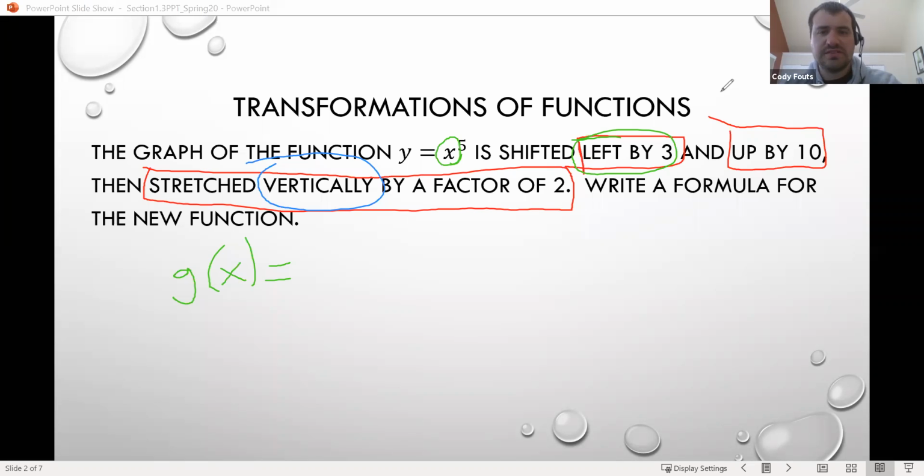So if you think about a coordinate axis, like that, if we're moving left by 3, we're going this way. And we know that usually more negative values are there, so we'd expect there to be some sort of a subtraction by 3 here, but because it's the house of lies, it's actually going to do the opposite, and so it's going to add 3. So on the inside here, we're going to have x plus 3.